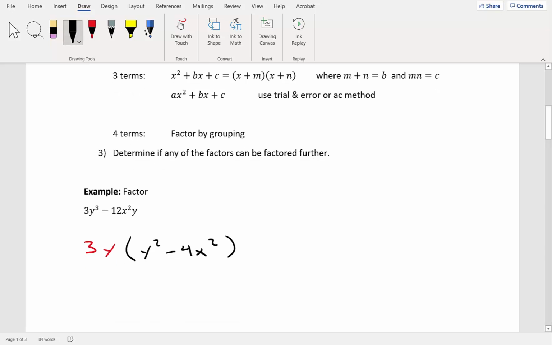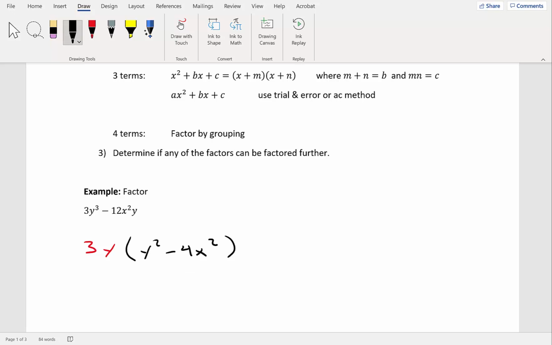Now, after you factor out the GCF, take a look at what's left over. So I have this binomial. I want to see if it has one of those special forms. I notice y squared can be written as something to the second power, and so can this 4x squared. So this is a difference of two squares.